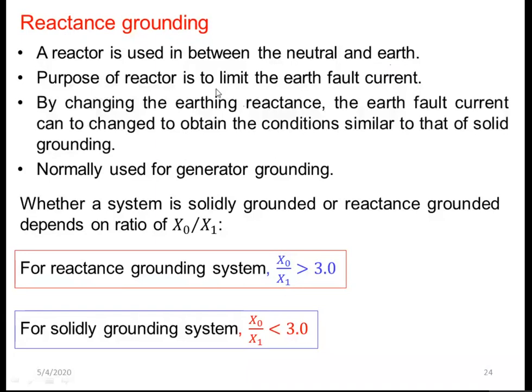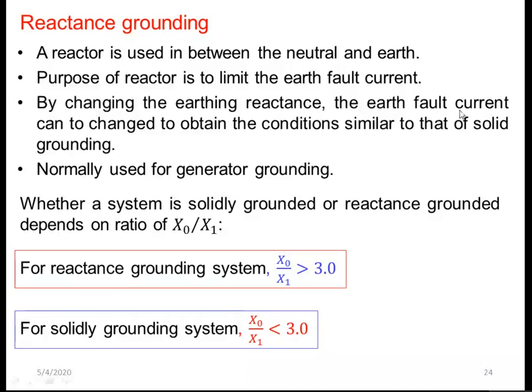It is possible that we are able to change the reactance of the reactor here. So if you are able to change the reactance of the element, then we can limit the earth fault current.